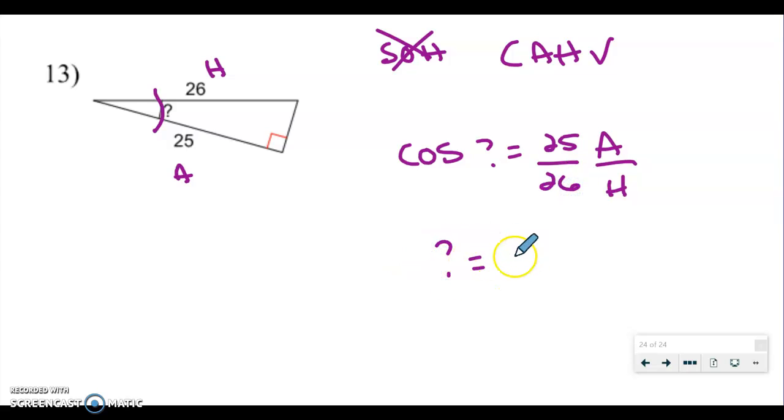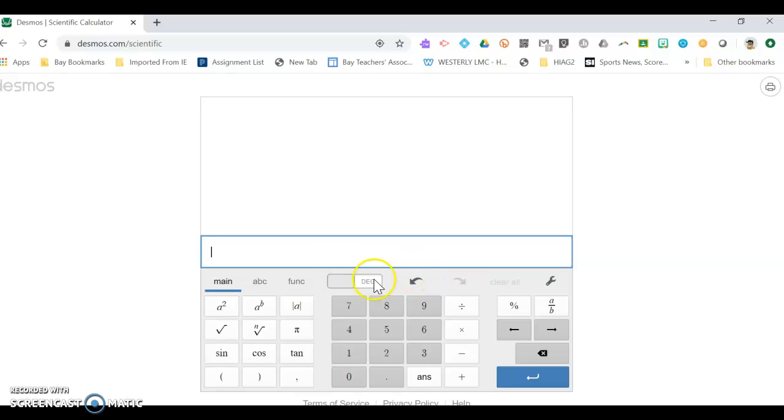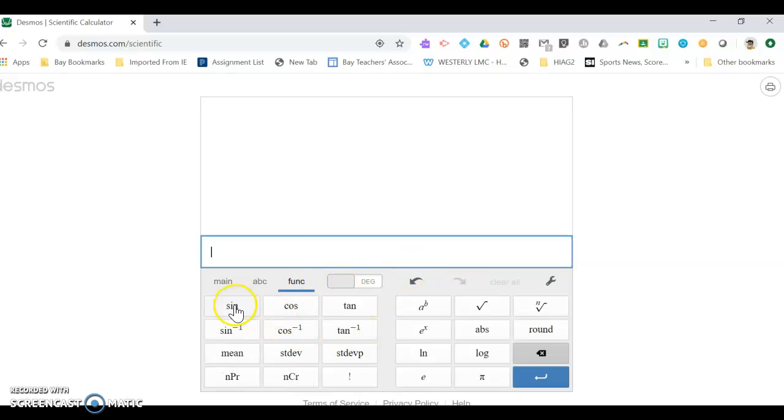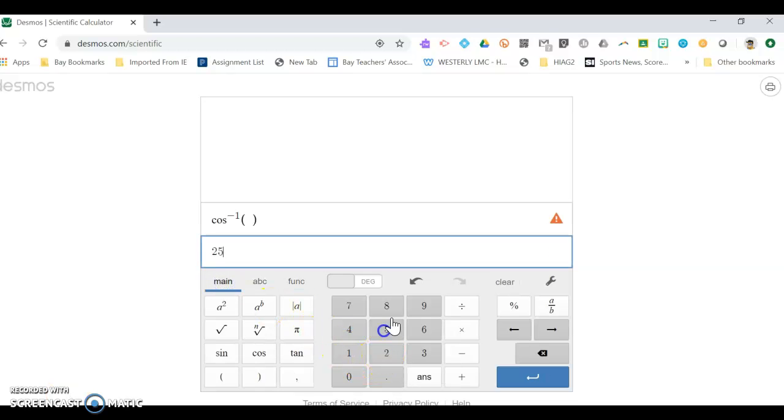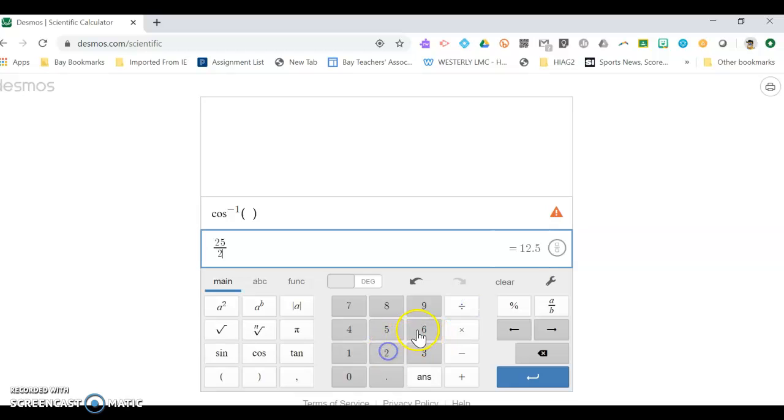So I am going to be doing the cosine inverse of 25 over 26 on my calculator. So I'm going to clear my information, press my function, and then cosine -1 of 25 divided by 26.